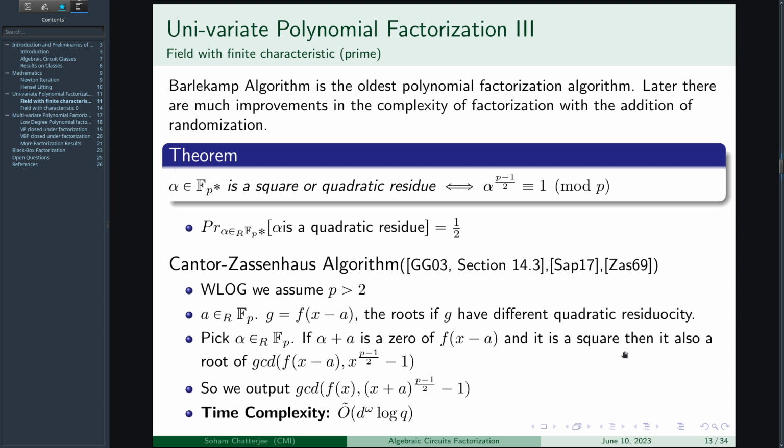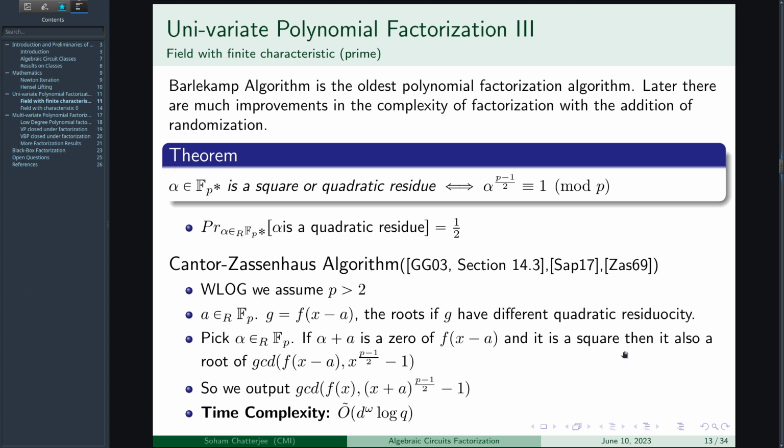Before this, we know the theorem that in F_p star, half of the elements are quadratic residues and the other half are non-quadratic residues. But there is no pattern to these quadratic residues. If we could find a pattern, we would actually solve all these randomization problems. So the probability that any alpha taken randomly from F_p star is a quadratic residue is half.